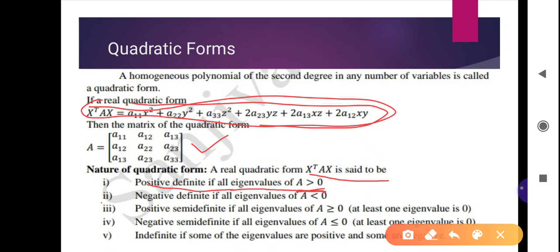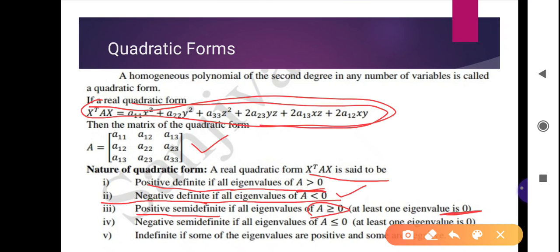Second, if all eigenvalues are negative, then we say that the given quadratic form is negative definite. Third, if all eigenvalues are greater than or equal to 0, that means at least one eigenvalue is 0 and the remaining are positive, then we say that the quadratic form is positive semi-definite.